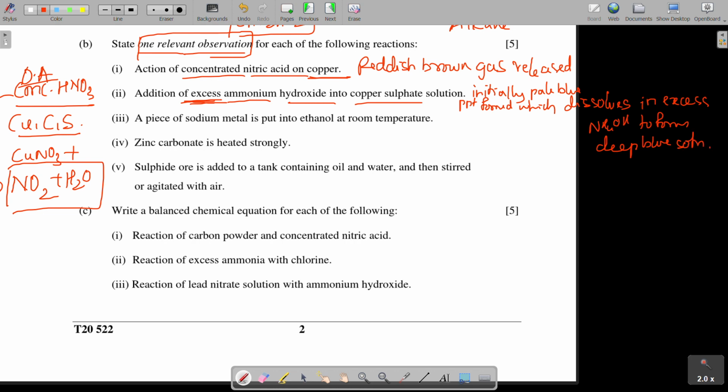Okay, this should be your complete sentence, so then you will not lose any marks. If you simply write deep blue solution formed, you may lose marks. Okay, don't take the chances.